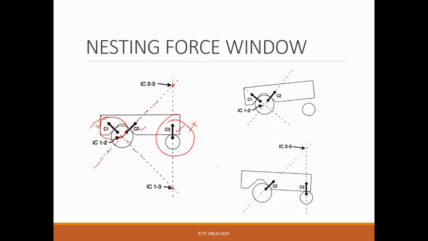Once these three are defined, what is the scenario in which it can rotate or lose the contact? In this case, if I'm talking about only C1 and C2, and there is any disturbance or any force acting, either this force or this moment, then whether it's F or M, you have a moment acting along this direction, and because of that, the contact here is no more.